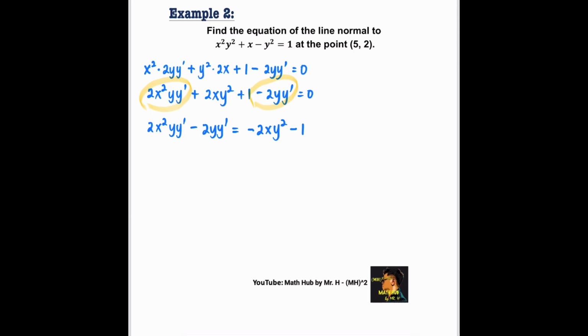And the next thing we need to do is factor out y prime from the left hand side. So if we take out y prime from this term, we will be left with 2x squared y, minus, so taking out y prime from here, we'll have 2y left, equals negative 2xy squared minus 1.